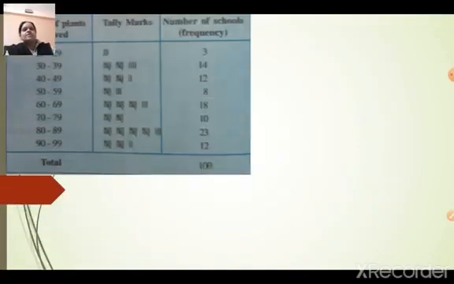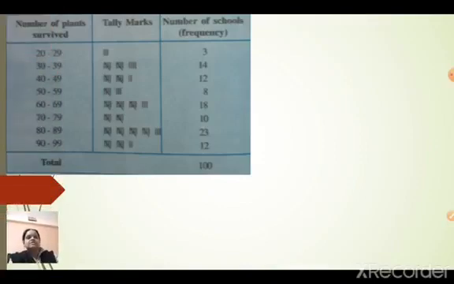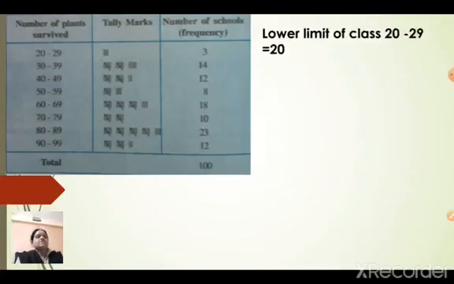Now see over here, this is nothing but the same table I have written. Now by using this table we have to remember a few important points. What are those points? Let us see. The first one is the lower limit of a class. So what is the meaning of lower limit?